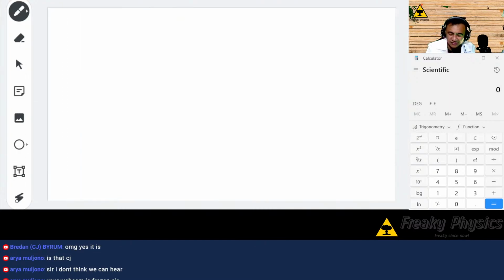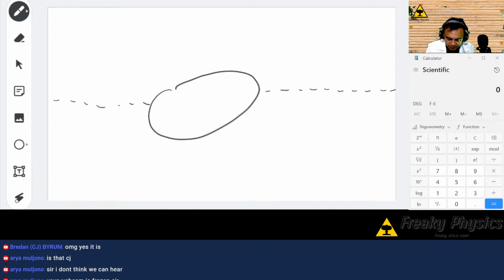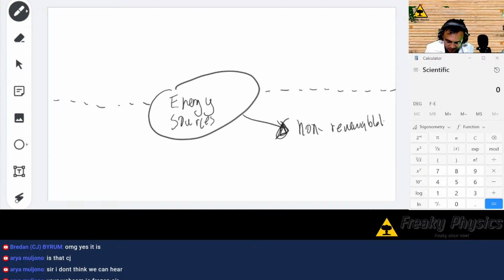We know this already, but the thing that you have probably learned before is that we can arrange them into two types. The first one that we already know is the non-renewable sources. What would we consider non-renewable?